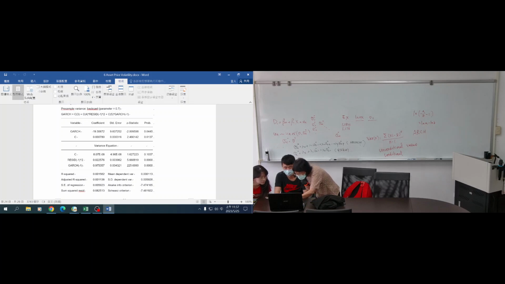So here D1F is the forecast, Y hat. If you hit OK, that's a forecast. Here are the numbers of forecast, and you can compare D1 and D1F. D1 is the original, D1F is the forecasting.